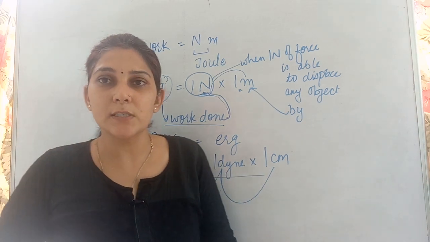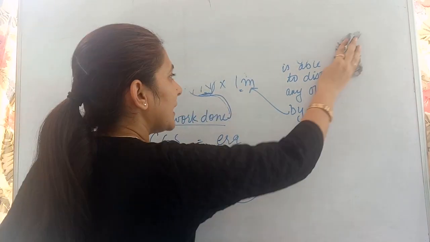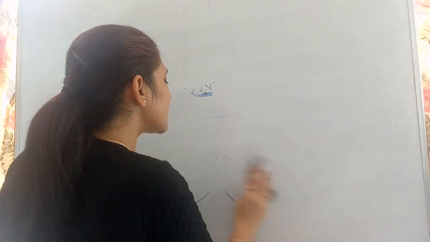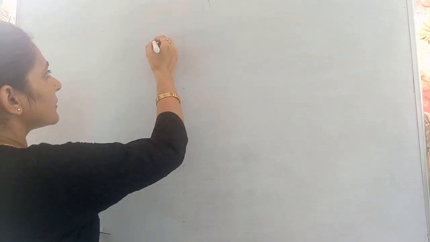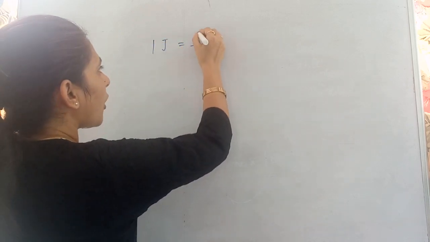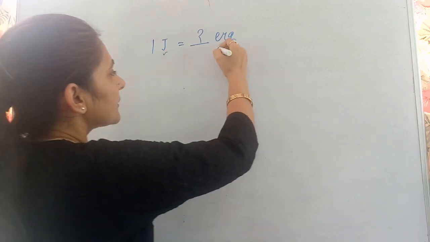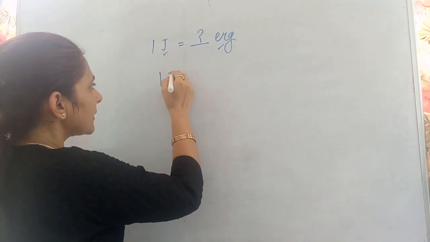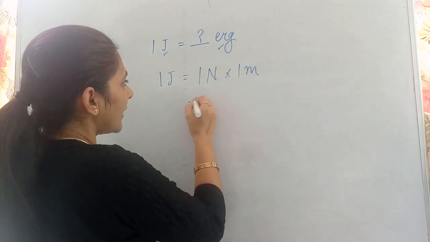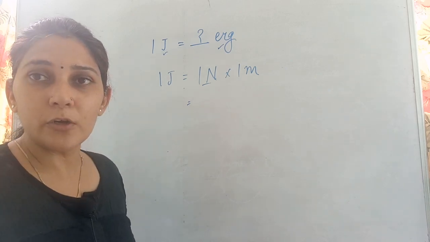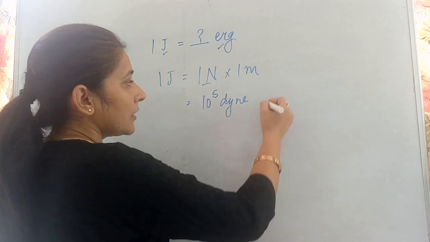Now the next question which they can ask is the relation between SI and CGS unit of work. How is the SI unit of work related to the CGS unit of work? SI unit 1 joule is equal to how many erg? That you need to find out. So 1 joule can be written as 1 Newton into 1 meter. 1 Newton is equal to 10 raised to the power 5 dyne into 1 meter.